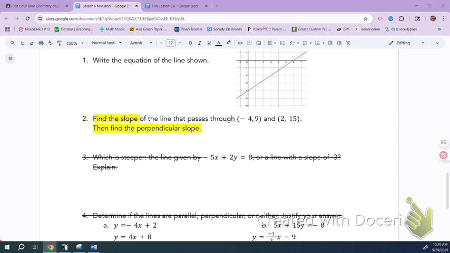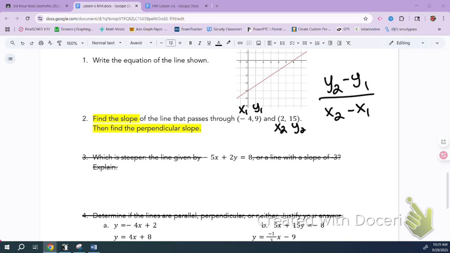I recommend that you label your points x1, y1, x2, y2. We're going to do slope formula, y2 minus y1. We're just going to take it a step further. Once you find your slope, then find the perpendicular one. So give it a try with your group.